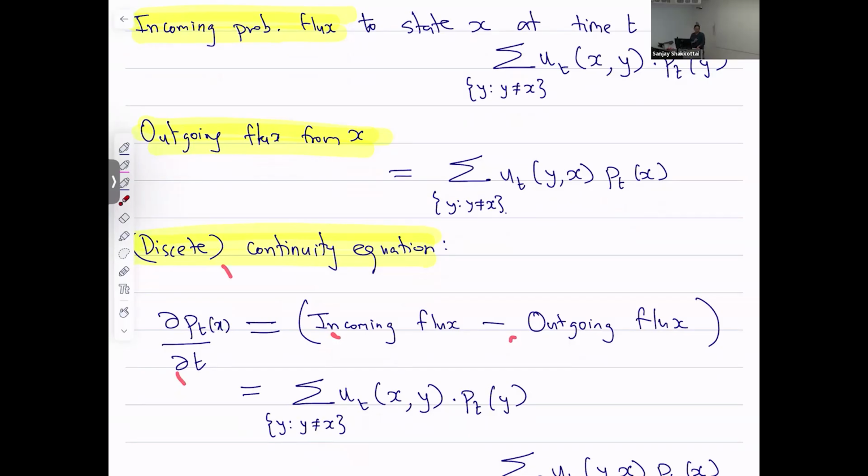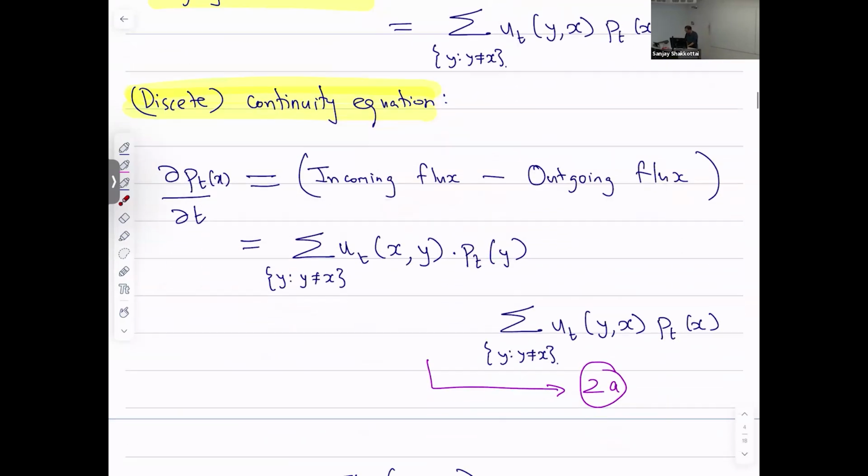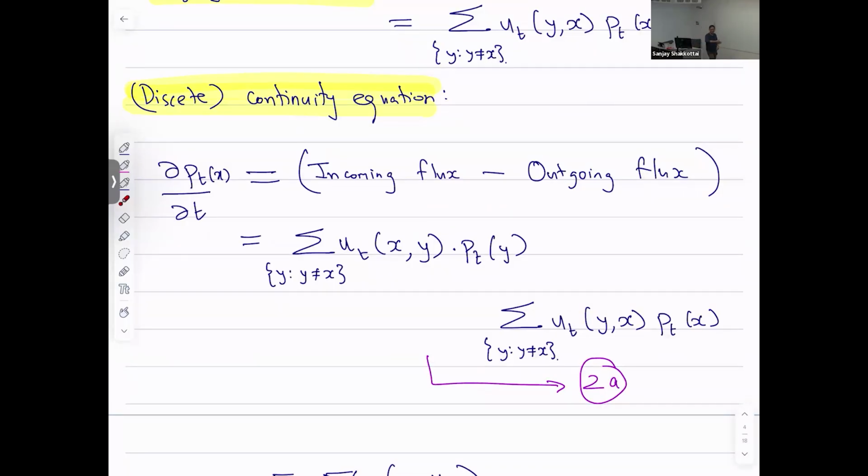So the discrete continuity equation, just like the continuous version, is nothing but del p by del t equals incoming flux minus outgoing flux. So you have the continuity equation exactly in analogy to what we did in continuous state space. You can do something very similar with discrete divergence defined this way.